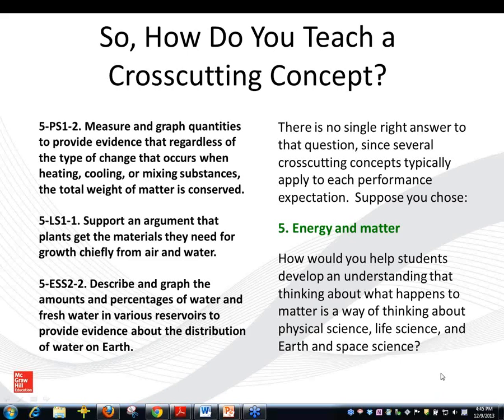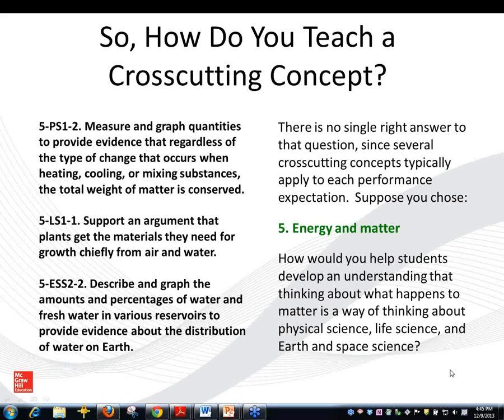It's a common misconception that plants soak up nutrients from the soil, and that's how they get material to grow. It actually comes out of the air. It's carbon in carbon dioxide in the air that becomes the carbon in their plant tissues that makes up the great majority of plant tissue. And so that's, again, something to do with matter.